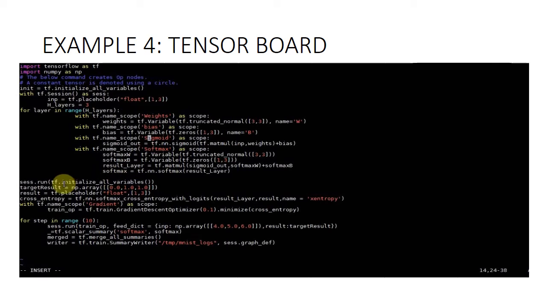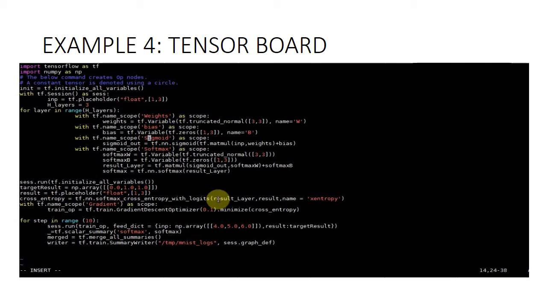Now, this is followed by calculation of cross entropy using the function softmax cross entropy with logits, which uses the result obtained from the hidden layer and the result placeholder tensor, which is created here. This placeholder is going to be fed with the target result that we would like our program to predict.